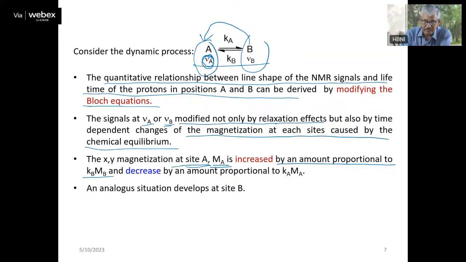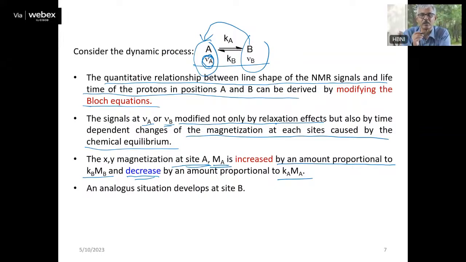There will also be a decrease, proportional to Ka MA, so your MA is decreased due to the forward reaction and increased due to the backward reaction. You have to consider both of them. Ka and Kb may not be the same. If they are equal, there will not be much difference, but many times they will be different.